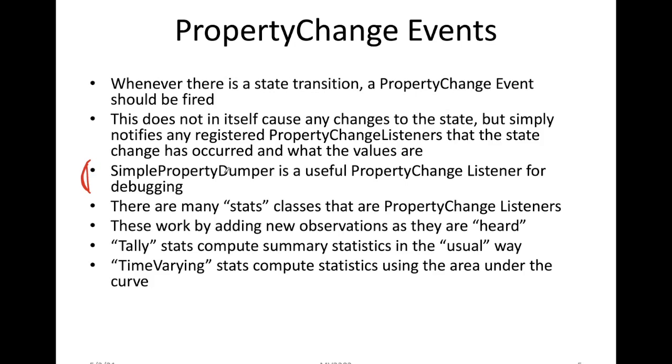What is useful about this is that it is non-invasive. In other words, if every state transition fires a property change and nobody's listening, then nothing happens. And if there are no property change listeners and a fire property change occurs, it really doesn't take very much time at all.